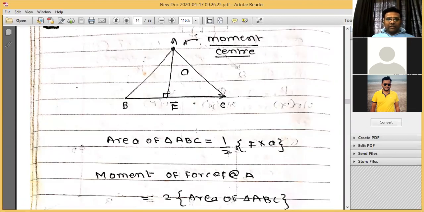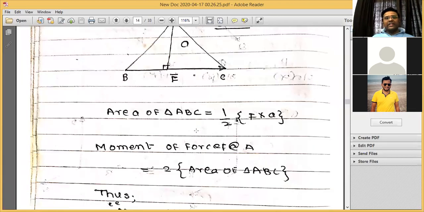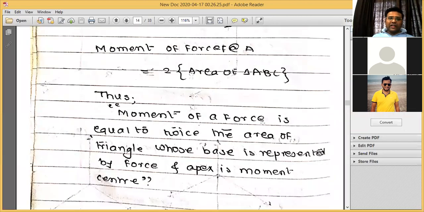By using the area concept, the moment of a force can be calculated as twice this particular area. The area of the triangle will be half into base into height. So by using this formula, you can calculate the moment of a force, which is equal to twice the area of the triangle, whose base is represented by the force and apex is represented by the moment center.